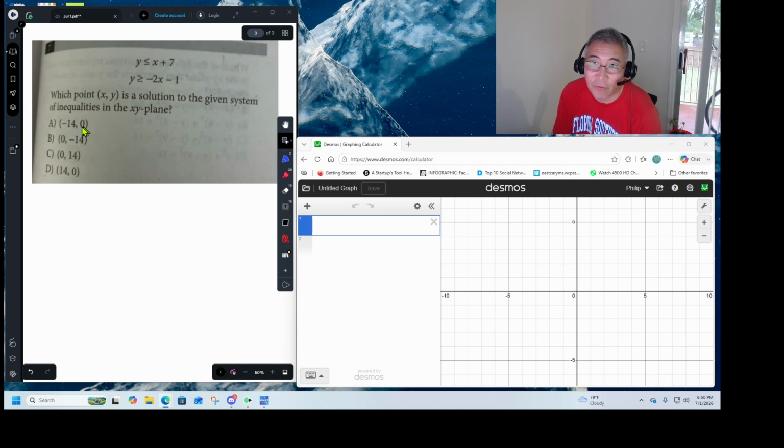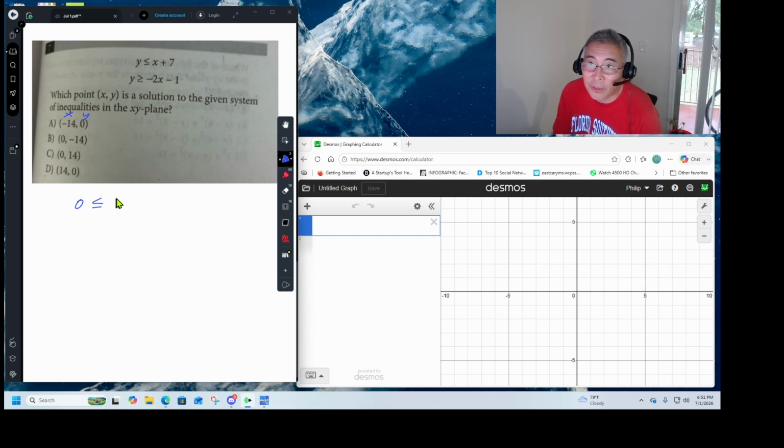So if I put negative 14, 0 in here, this would be x and this would be y, right? So if I put negative 14 for x and 0 for y, I would have 0 less than or equal to negative 14 plus 7.